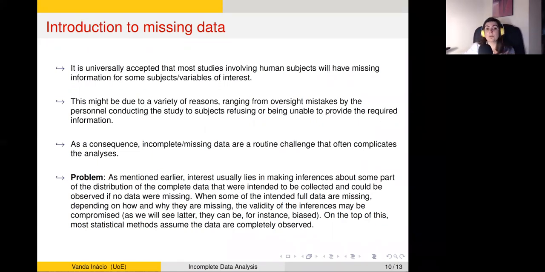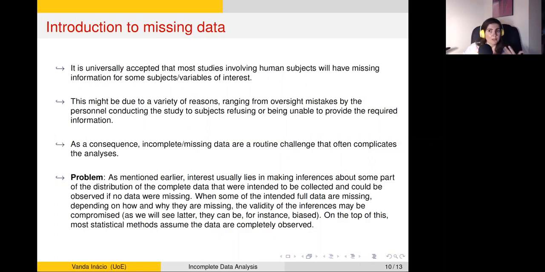challenge that often complicates the statistical analysis, because when some of the intended complete data are missing, depending on how and why the data are missing, and in the next videos we will be looking at these aspects, the validity of our inferences may be compromised.